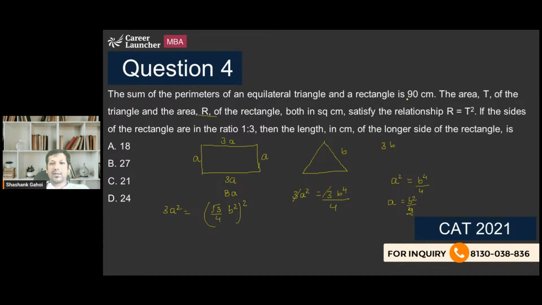And it says that the total perimeter is 90, means 8A plus 3B is equal to 90. So 8A is 8 times B square upon 2, plus 3B, and that's equal to 90. So this comes out to be 4. So take B common, 4B plus 3, and that's equal to 90.